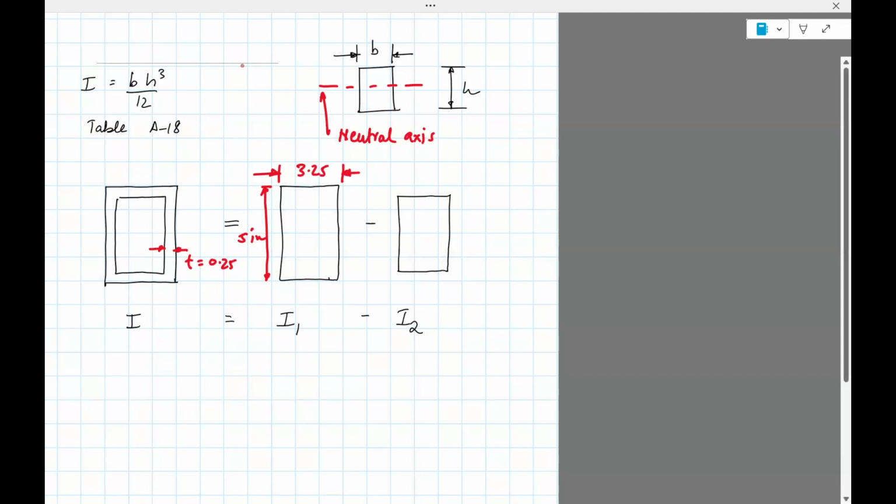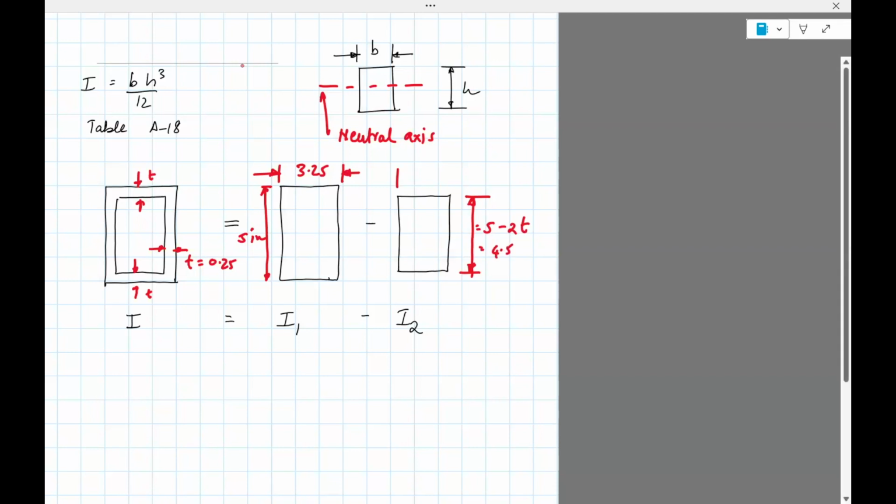So in order to compute this height, we need to do 5 minus 2 times t, right? This is t and this is t. So if you do 5 minus 2 times t, we get 4.5.